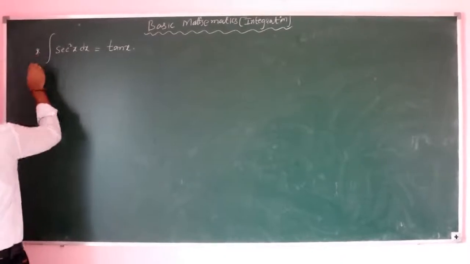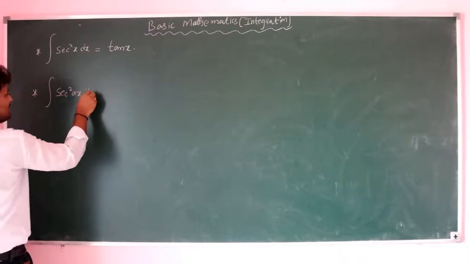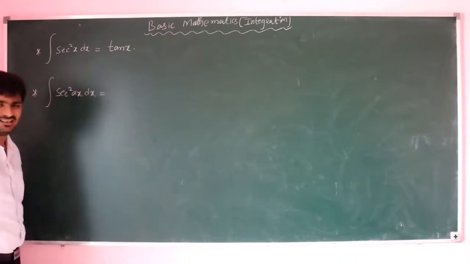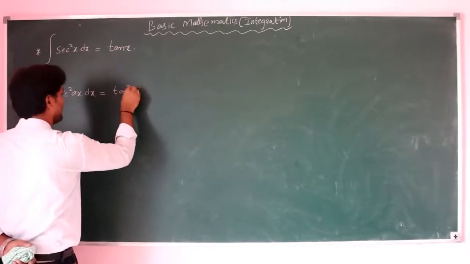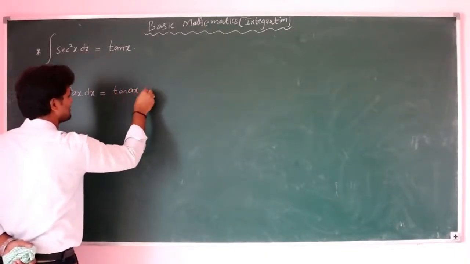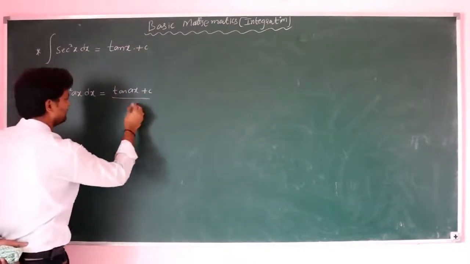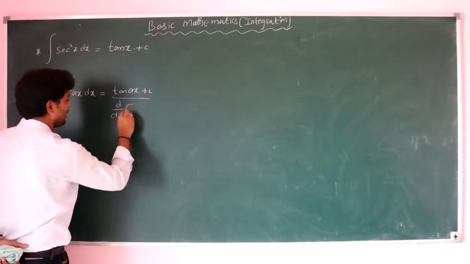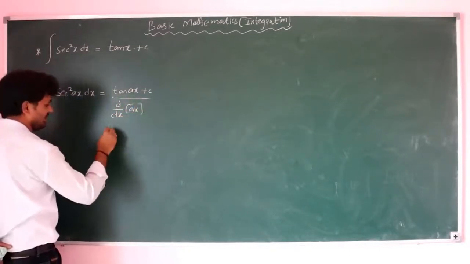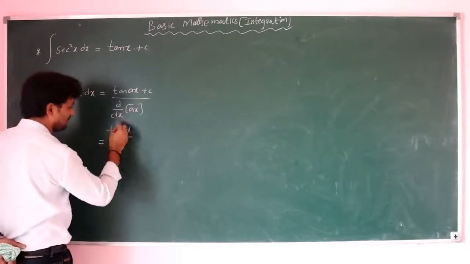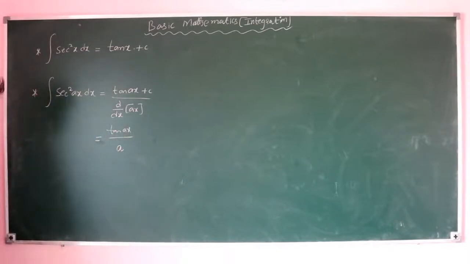In case you have integral secant square ax dx, it is nothing but tan ax plus c, where c stands for constant, upon d by dx of ax. Simply tan ax upon a. So like that you can take.